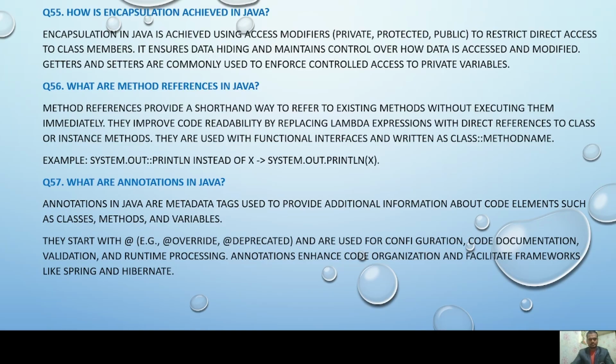Next question. What are method references in Java? Method references provide a shorthand way to refer to existing methods without executing them immediately. They improve code readability by replacing lambda expressions with direct references to class or instance methods.